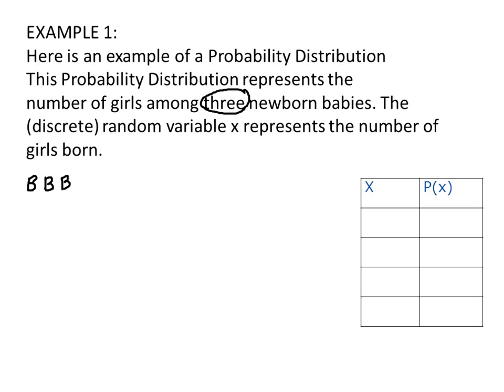So we looked at all the possibilities with 3 children. And so we came up with boy, boy, boy, girl, girl, girl. And then we had boy, girl, girl. And then that boy, I wrote a diagonal so that I would consider all the outcomes where there was 1 boy. That's how I came up with that.